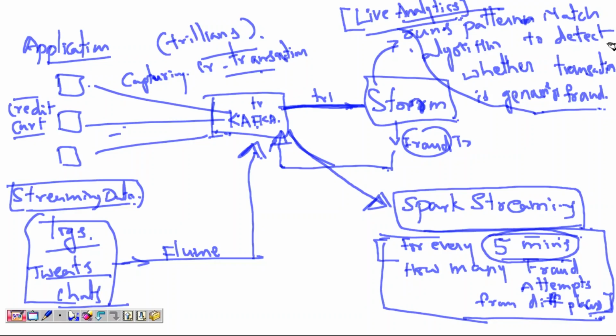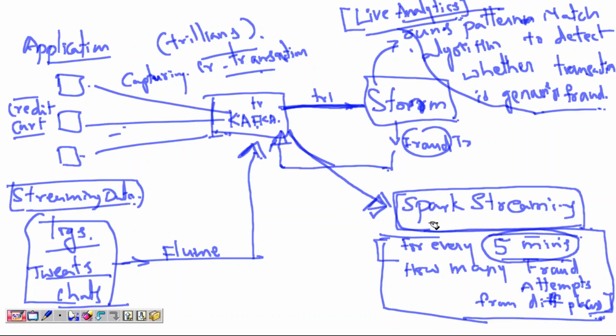That means if I remove Kafka here and directly send these credit card transactions to Spark streaming, what two activities will be missing? One, fast streams: Spark streaming cannot capture them, because thousands of applications are sending transactions. Spark streaming is not able to capture them like Kafka.